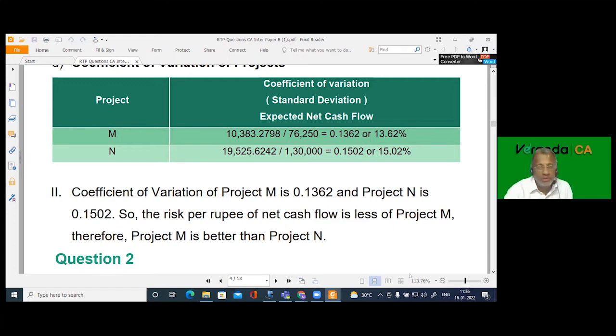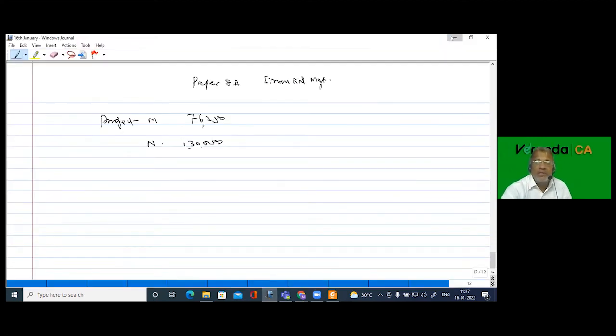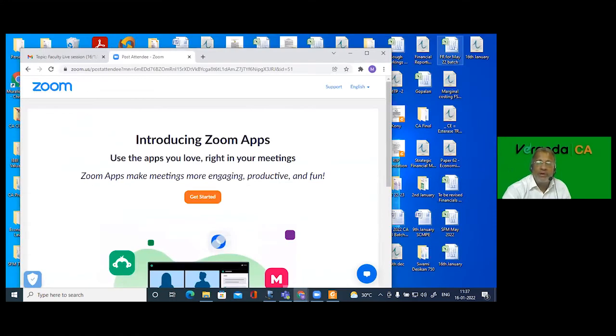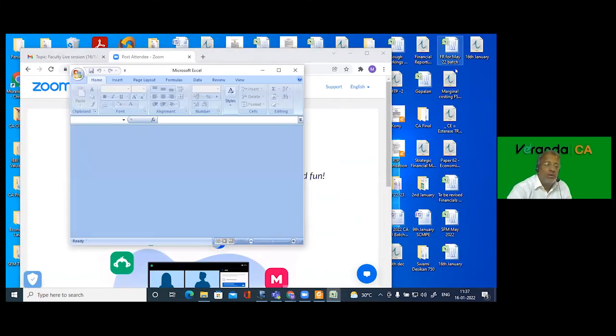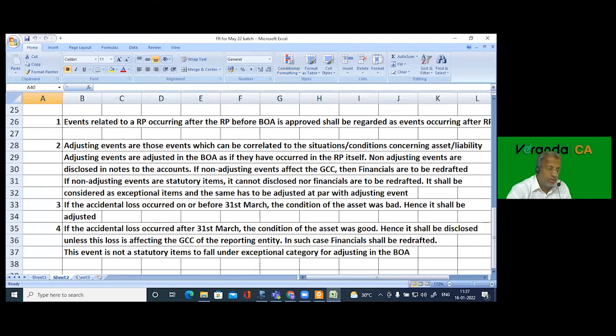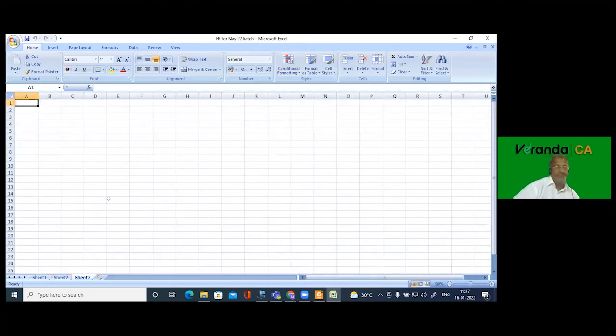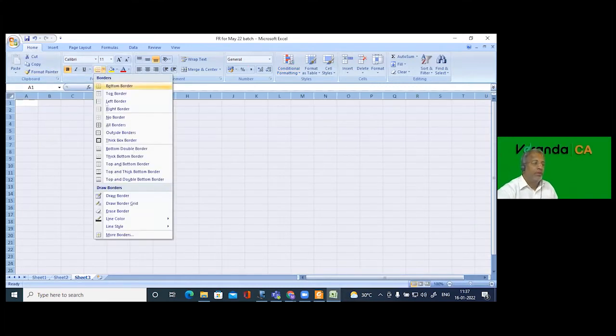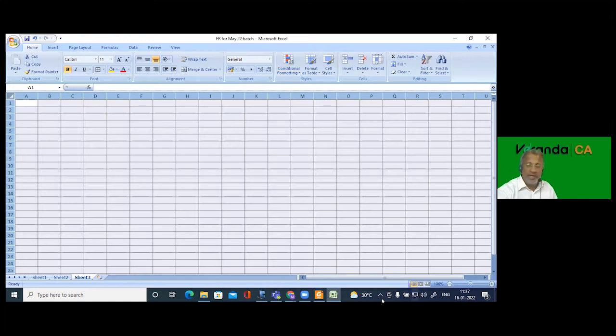So I would like to solve this problem with the help of Excel. Excel is a better tool where I can demonstrate the entire working rather than going to do a PPT.